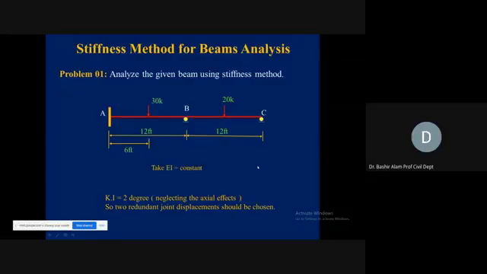Now, if you look at the location of this 30, it is 6 feet. At the bottom here, you can see it is called out from A, at a distance of 6 feet. Similarly, from C, you can give the same 6 feet, showing the 20 kip location. AB span is 12 feet and BC span is also 12 feet. EI is constant.